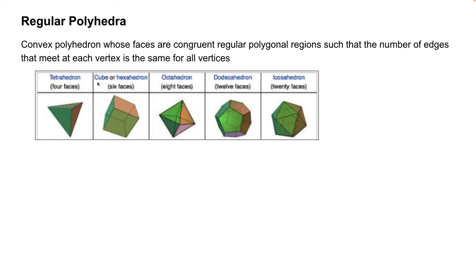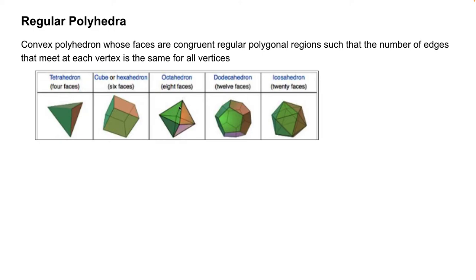Okay, a cube has 6 faces, so its other name is hexahedron. Hexa means 6, right? Hedron means faces. So a hexahedron is a cube where you have all equal size and shape squares on all 6 faces. Okay, octahedron, octa means 8, so 8 faces.